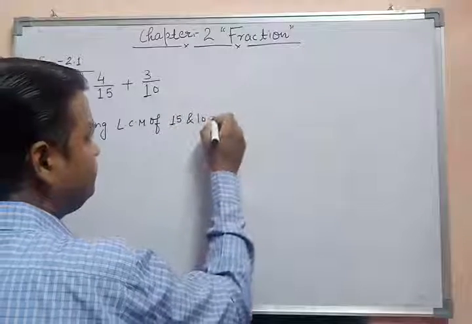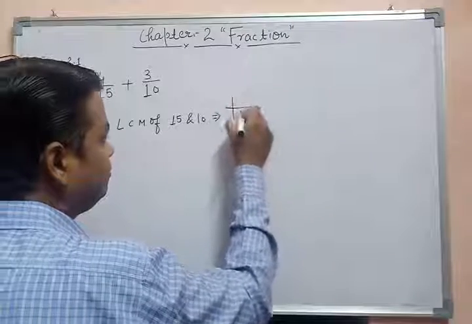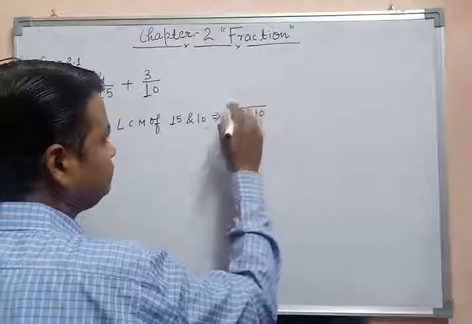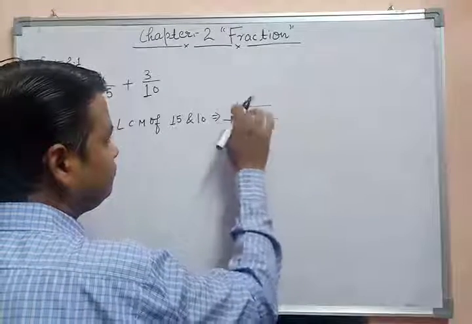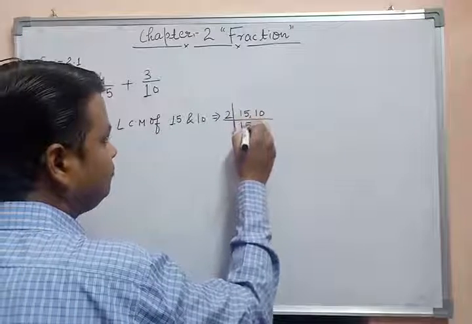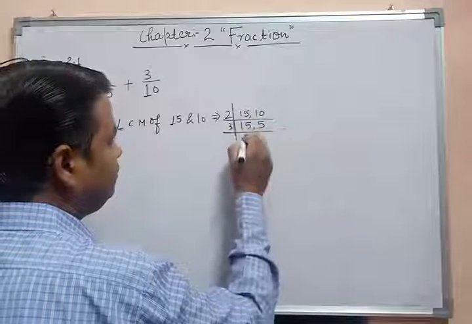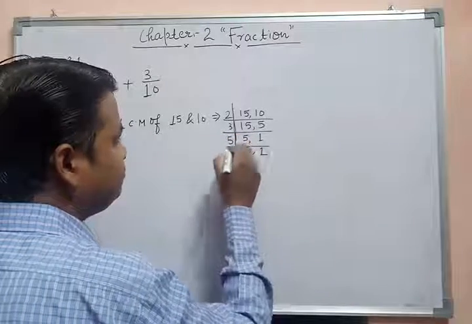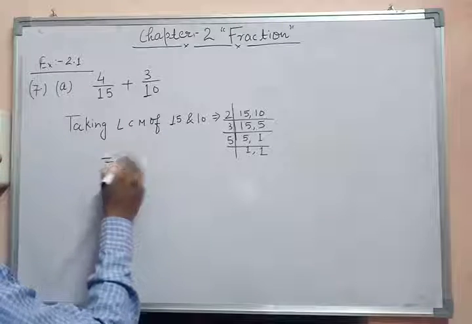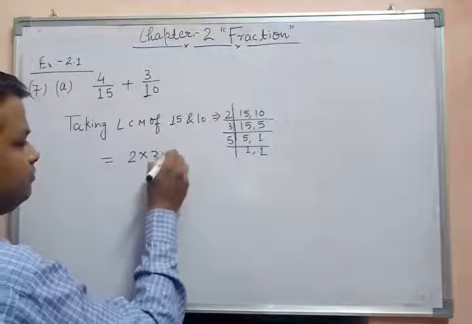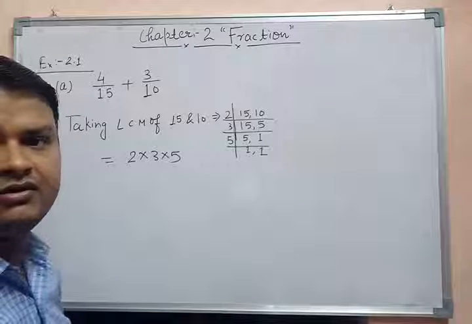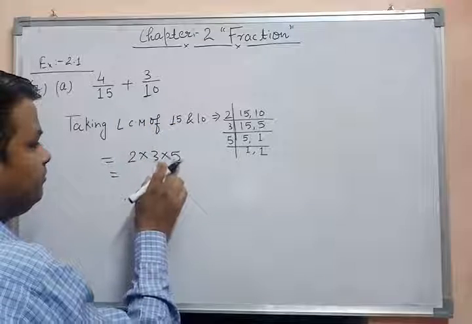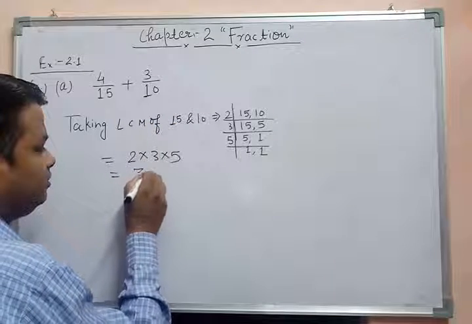Taking LCM of 15 and 10. 2 fives are 10, 3 fives are 15, and 5 is 5. Then we get the LCM as 2 into 3 into 5, which is 5 threes are 15, 15 twos are 30.